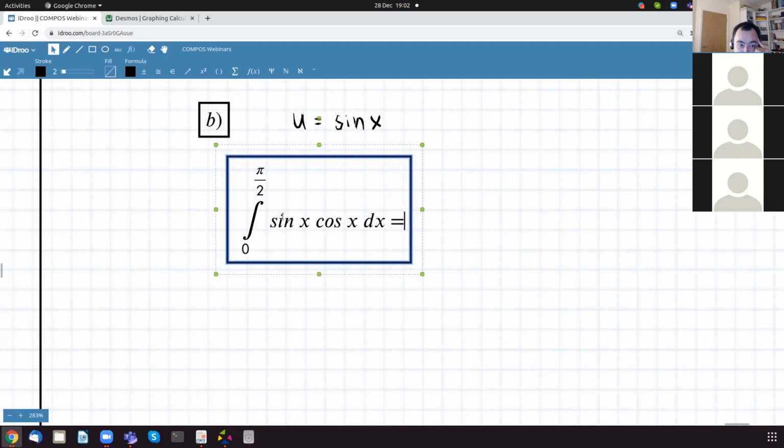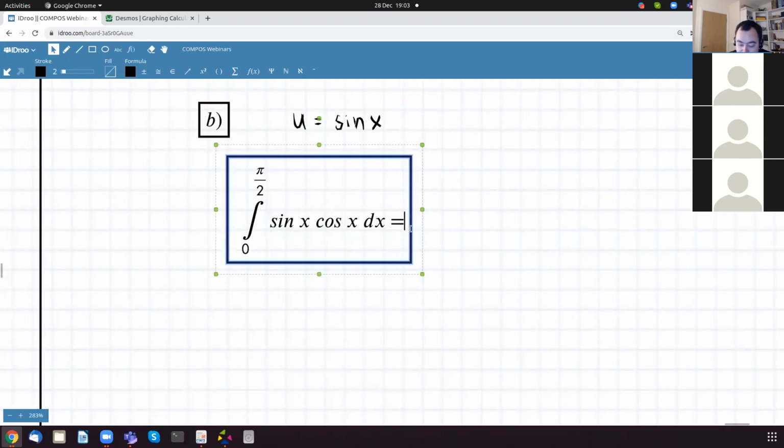You have sine x, that's u, okay. You have cos x, well, we'll see what we can do with that in a bit. Dx also should not be here. It also needs to be substituted for something in terms of u. And even the limits have to be substituted.